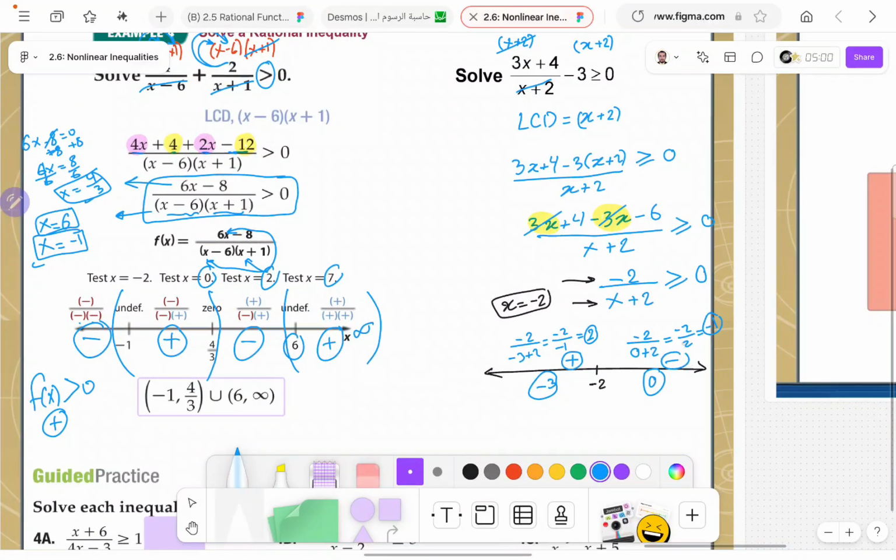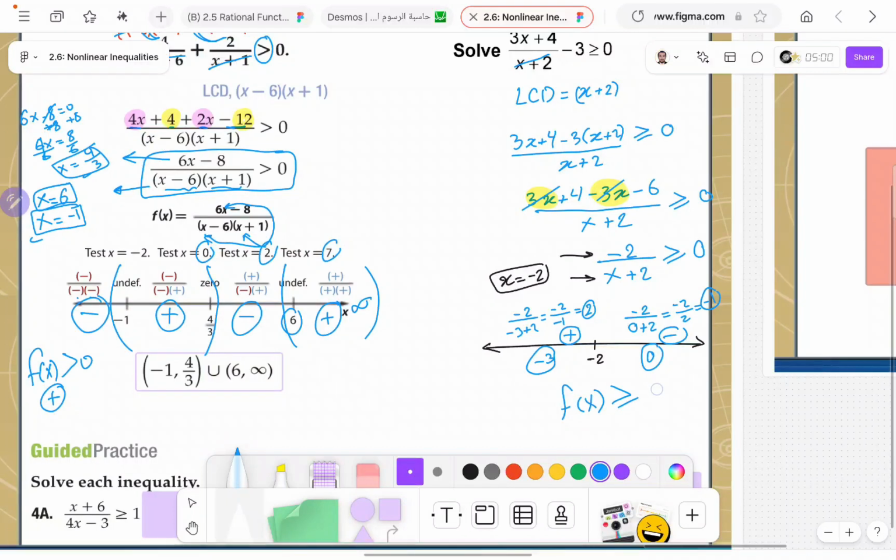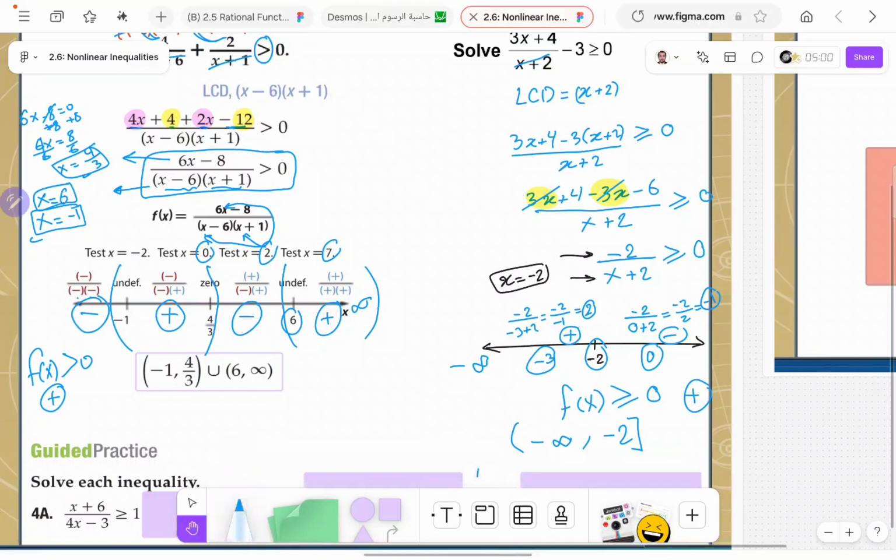So this interval here is a negative. Okay, so the question is f of x is greater than or equal to 0. So we need only the positive side. So the positive side is from negative infinity to negative 2. What type of bracket? Should be rectangle because with its equal sign.